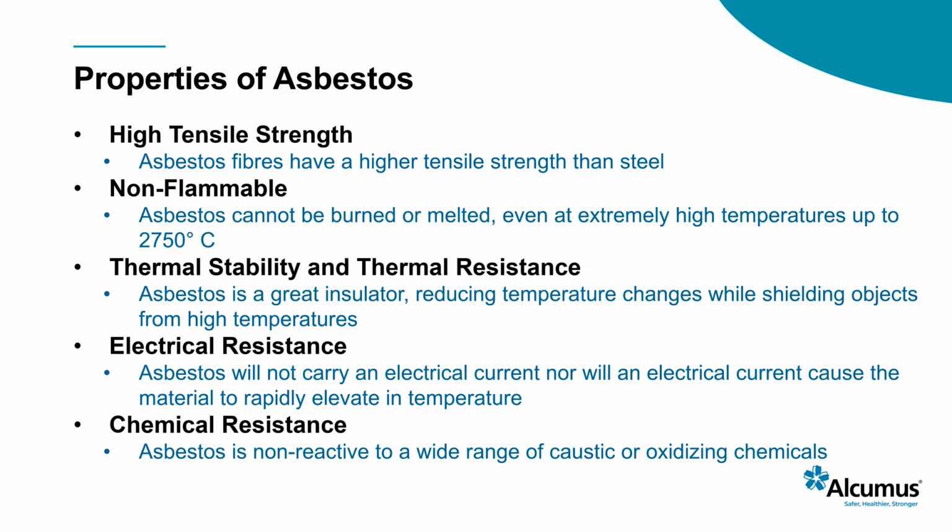There are many beneficial properties of asbestos, leading to its widespread use in industry and also in construction materials. As we can see on the slide, asbestos has a wide range of desirable qualities that saw its use increase as more and more products came to rely on this versatile magic mineral.